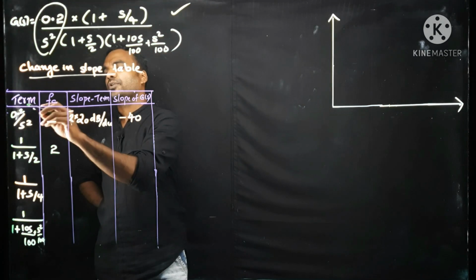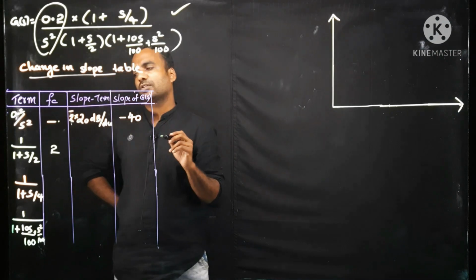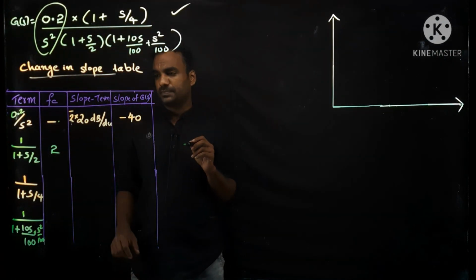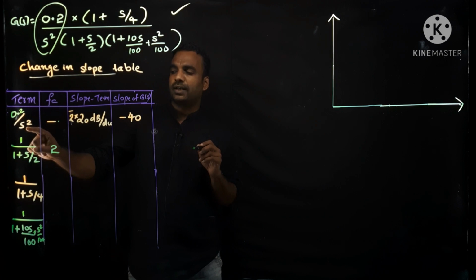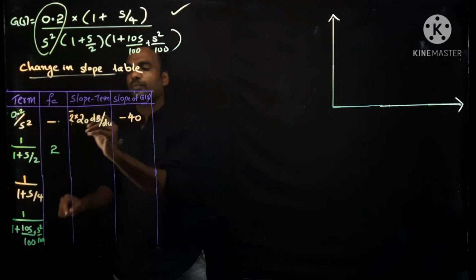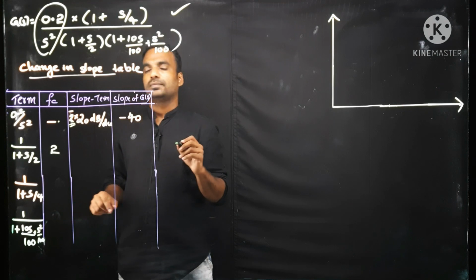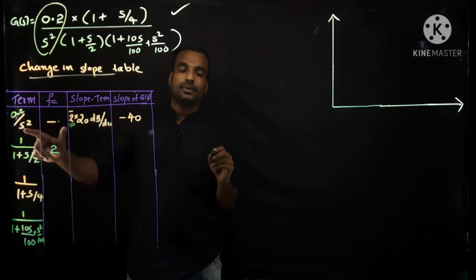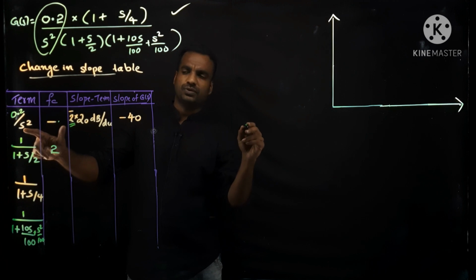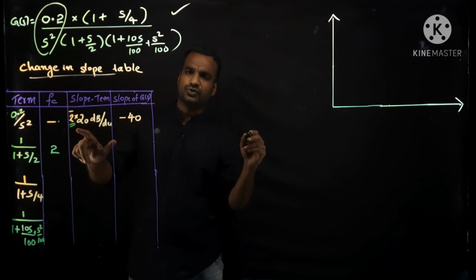So the first term is 0.2 by s square, and it does not have any corner frequency. Now, its s is in the denominator and it is an s square term, so we have to multiply by minus 2. What was the standard equation? 1 by s square is nothing but s raised to minus 2. So its slope will be minus 2 into 20.